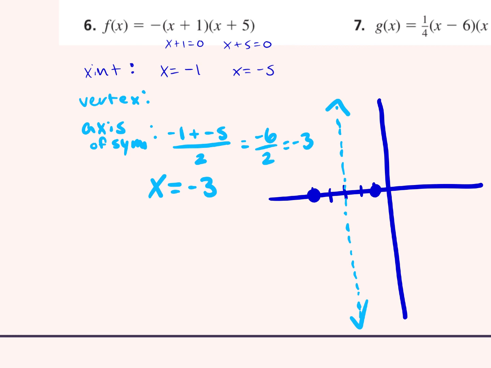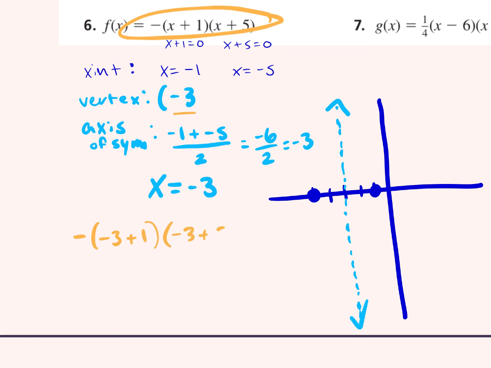So what does that mean the first number in my vertex is going to be? Negative 3. How do I find the second number? Plug in negative 3 into my x's in the original equation. So I have negative 3 plus 1 times negative 3 plus 5. So negative 2 times positive 2.